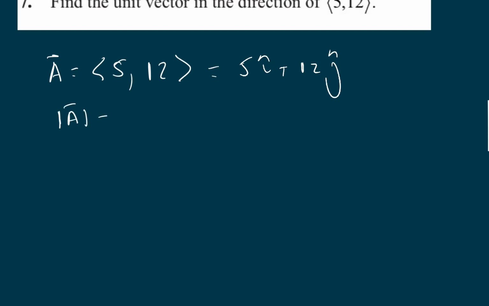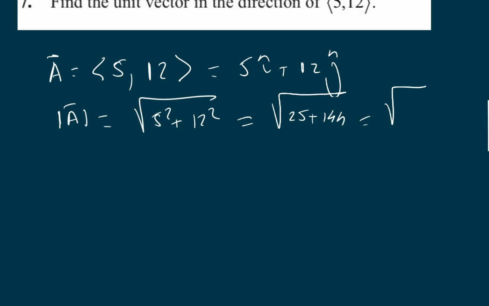The magnitude of A is the square root of 5 squared plus 12 squared. 5 squared is 25, and 12 squared is 144, and the square root of 169 is 13. So the magnitude of A is 13.